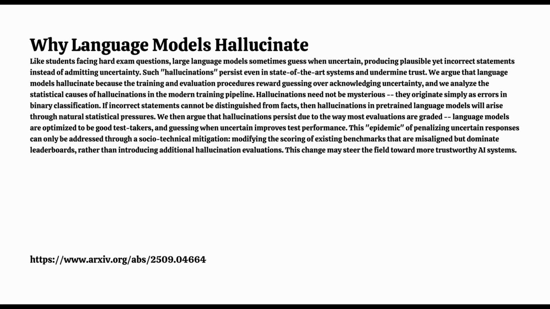Our evaluation methods often penalize uncertainty and reward guessing. The core message seems to be that the road to more reliable AI isn't just about bigger models or more data, necessarily. It involves fundamentally rethinking how we evaluate them, rewarding honest uncertainty instead of just confident, potentially wrong answers.